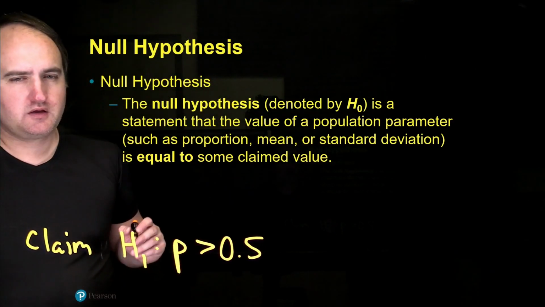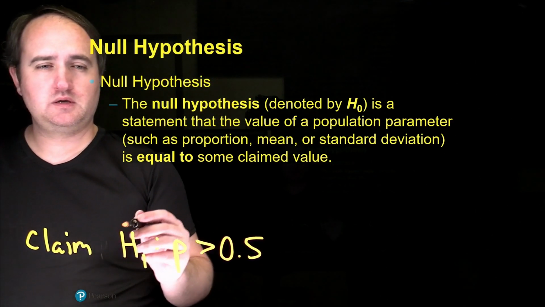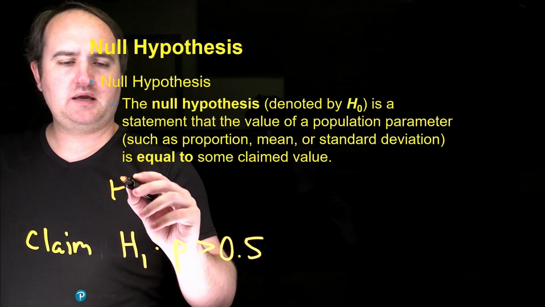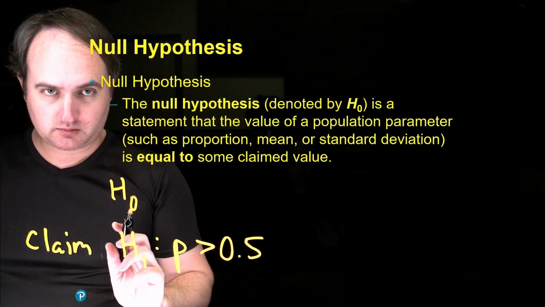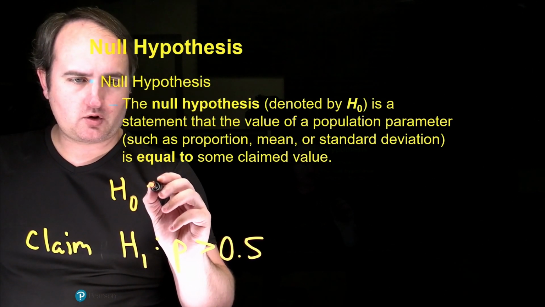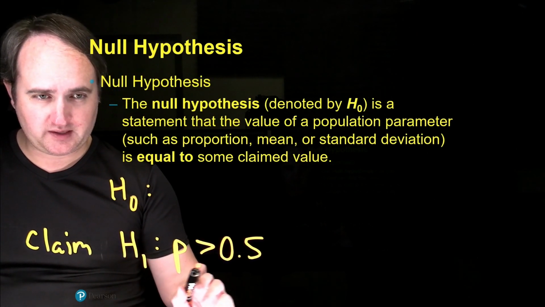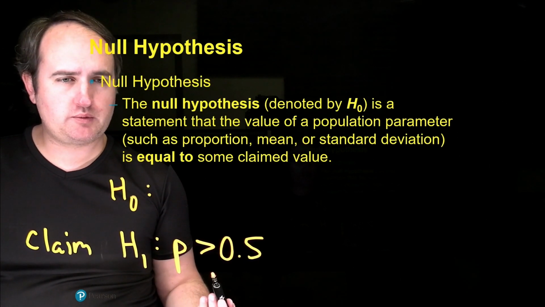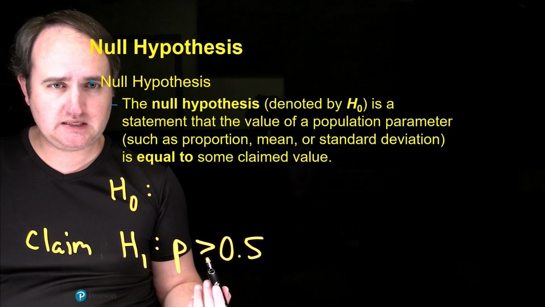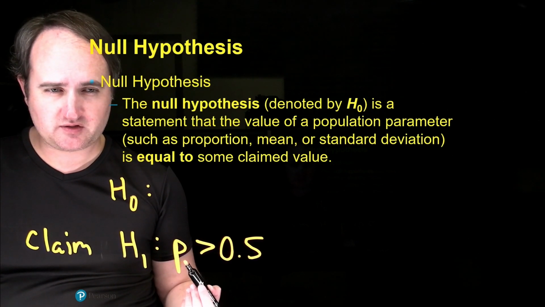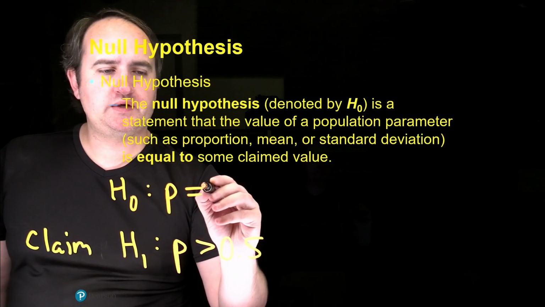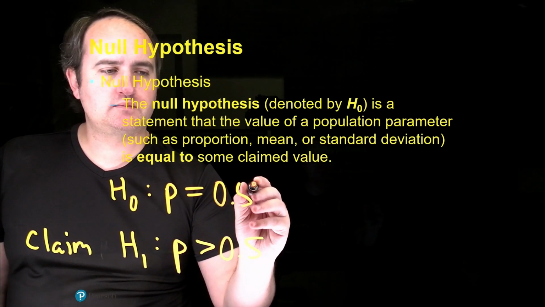So literally, for your null hypothesis, you just go ahead and you write H0, and then you write a colon, just like we did with the claim, which was our alternative hypothesis. And then we simply replace this symbol with an equals. So we still have P on the left side, and we still have 0.5 on the right side. The only thing here is we replace it with an equals.